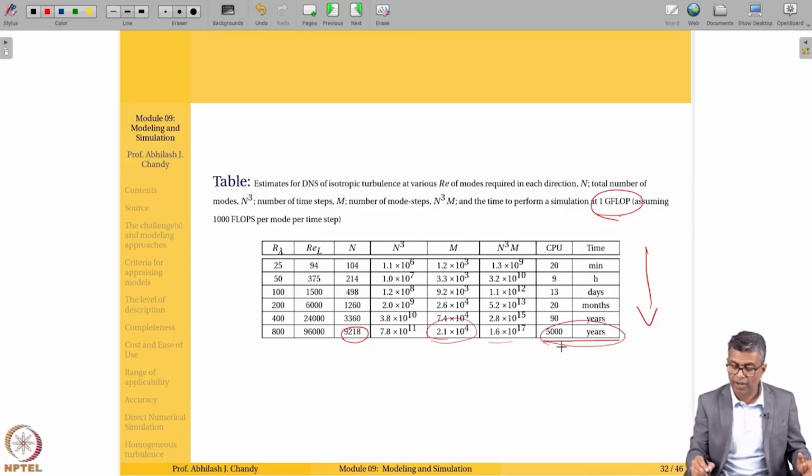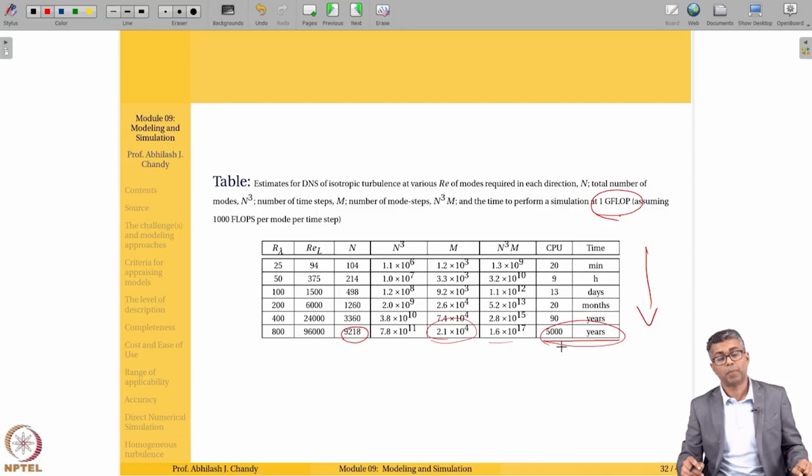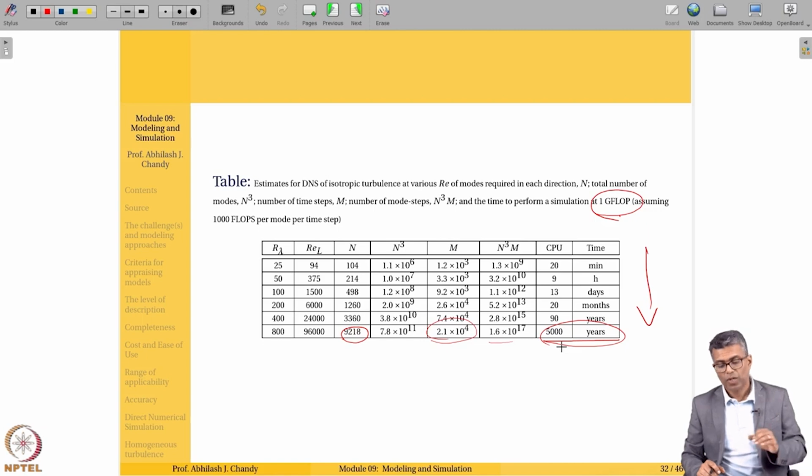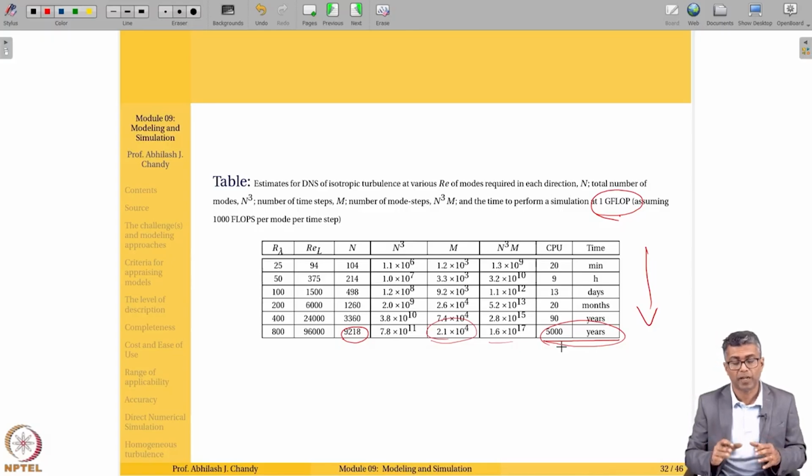So then this will definitely be in the vicinity of achievable. Am I being clear? Because you are dividing 5,000 years by 10 to the 9. So already you are now in days, and then you go into multiple machines, and then you can actually achieve this in days. So this data is of course from 25 years ago, but we still can use this to make an estimate of how long it will take for the DNS calculations. So I hope that was clear.